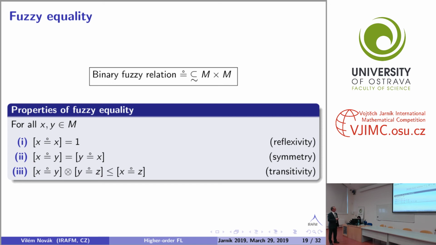So you should understand this as the truth value that x is equal to x. This is always 1. Symmetry, and this here is multiplication. So if the degree in which x is equal to y and y is equal to z, then the multiplication of these degrees is smaller than or equal to the degree that x is equal to z.